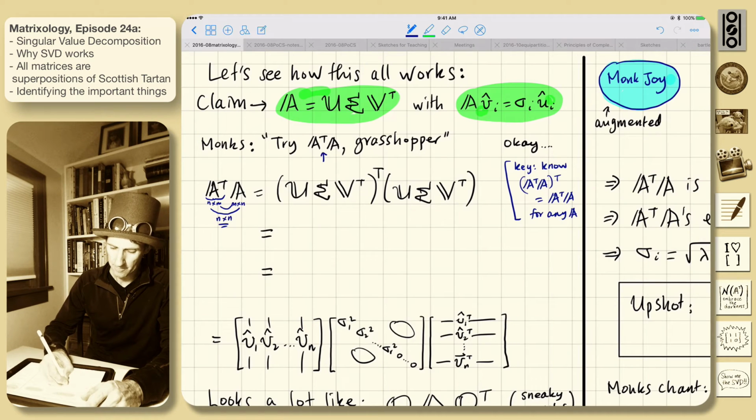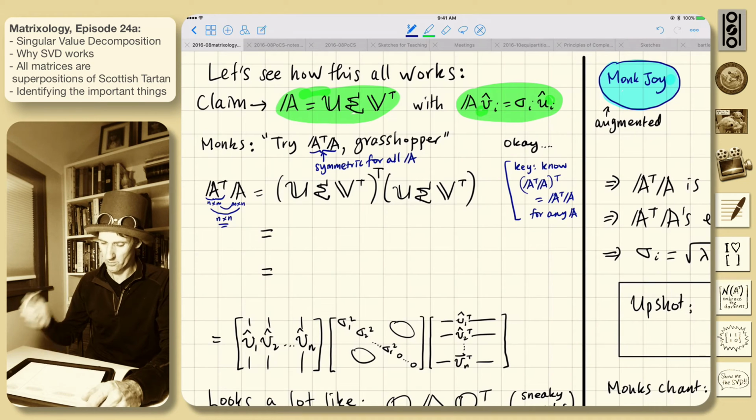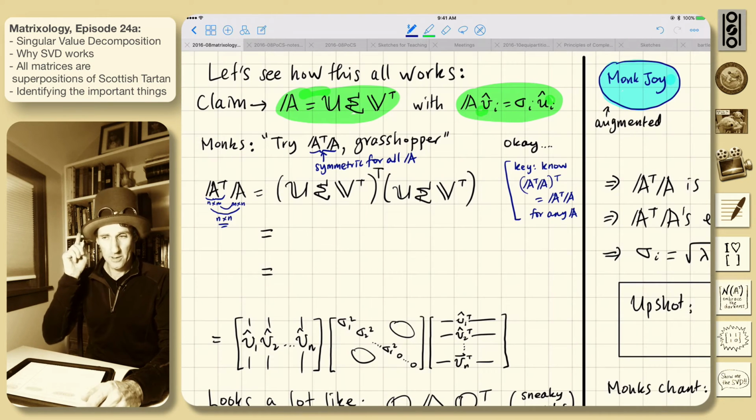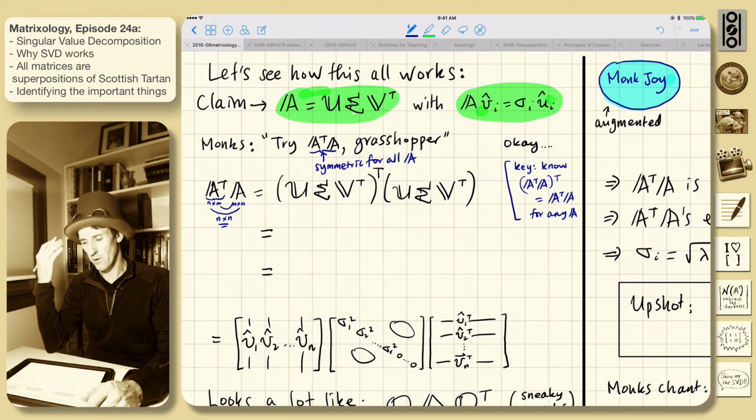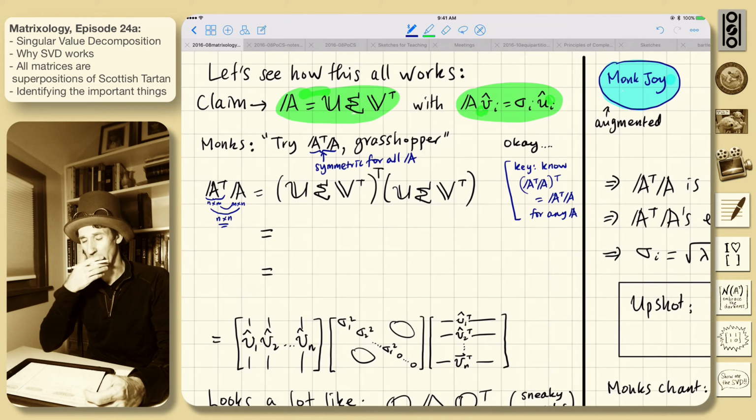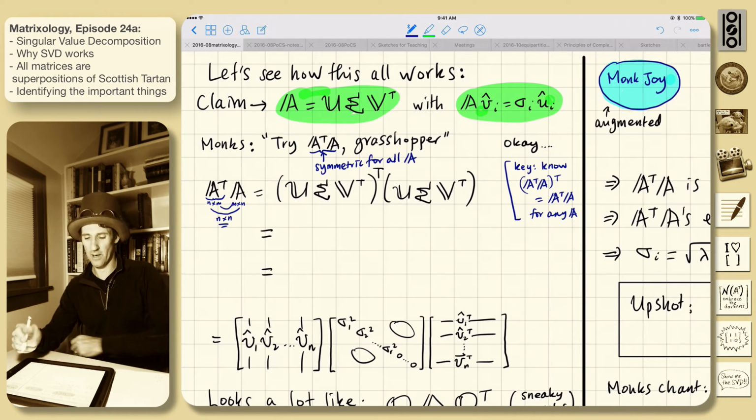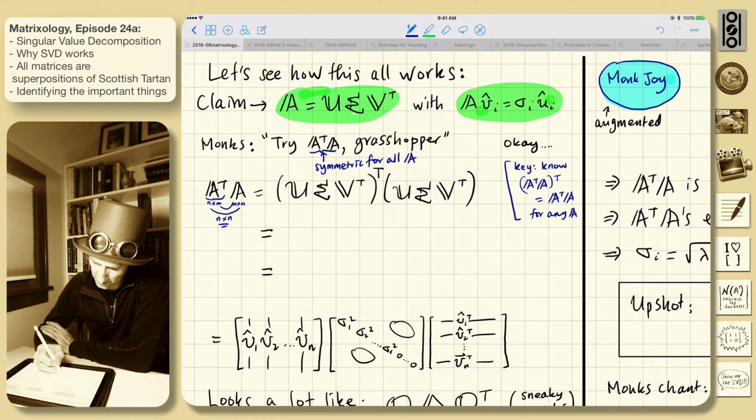Symmetric, for all A. So that is huge. Since we start with A as being real, this means we have an orthonormal set of bases made out of the eigenvectors of A transpose A. Pretty good. Plus real eigenvalues. It's going to be one more little bonus, but let's get to that.